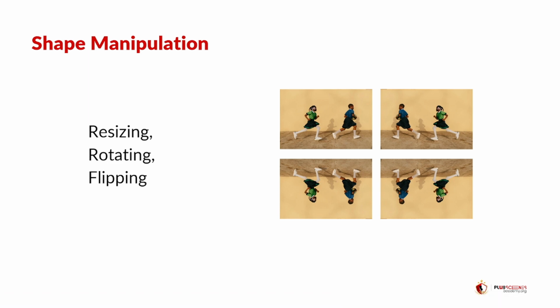Next up, we have sizing, rotating, and flipping. If you look at this example, you can see the first picture is facing right, the other one is facing left, the other one is upside down, and the other one is upside down and also facing left.